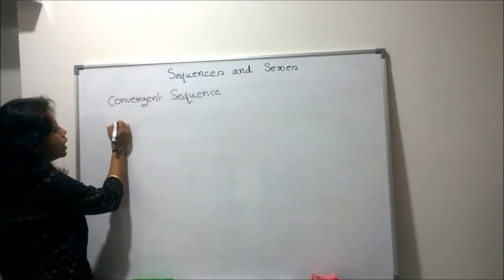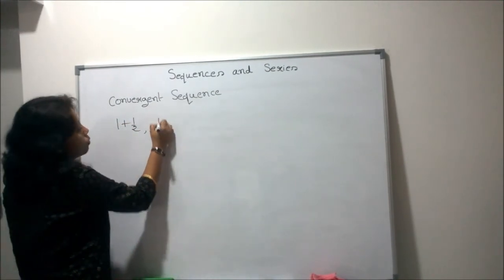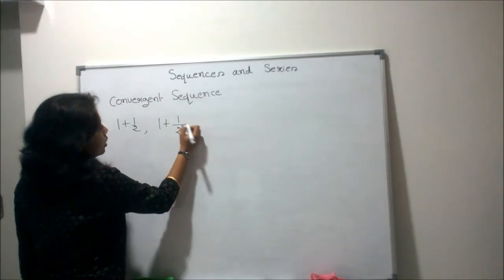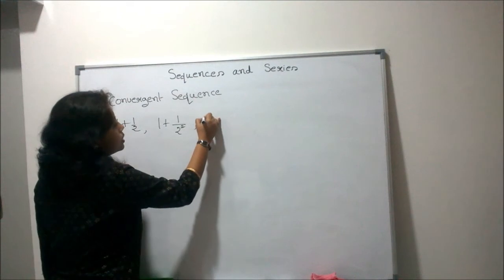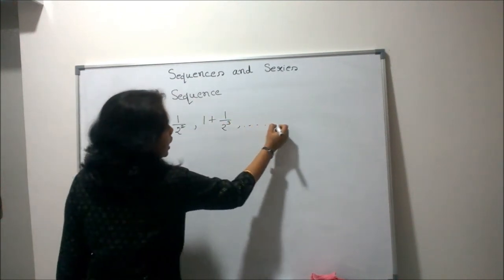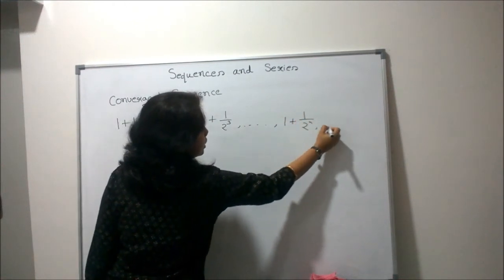If we take a sequence like 1 plus 1 by 2 to the power 1, 1 plus 1 by 2 to the power 2, the third term is 1 plus 1 by 2 to the power 3, and the nth term is 1 plus 1 by 2 to the power n, in this way.